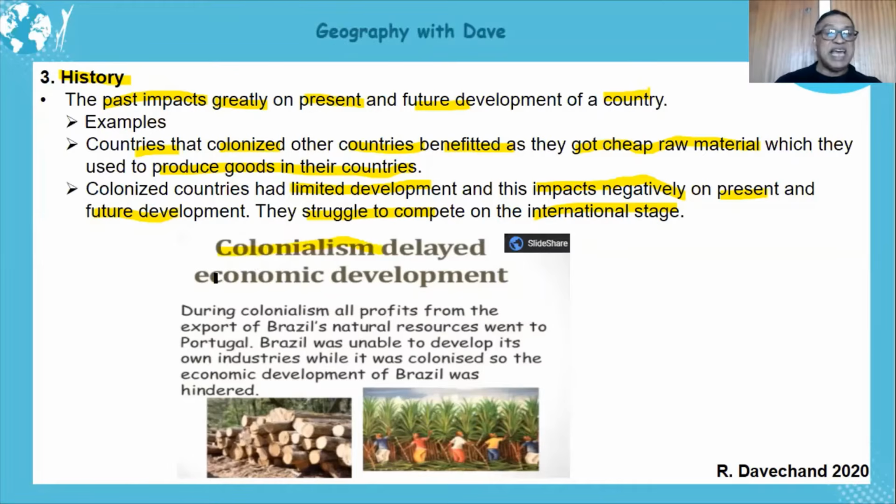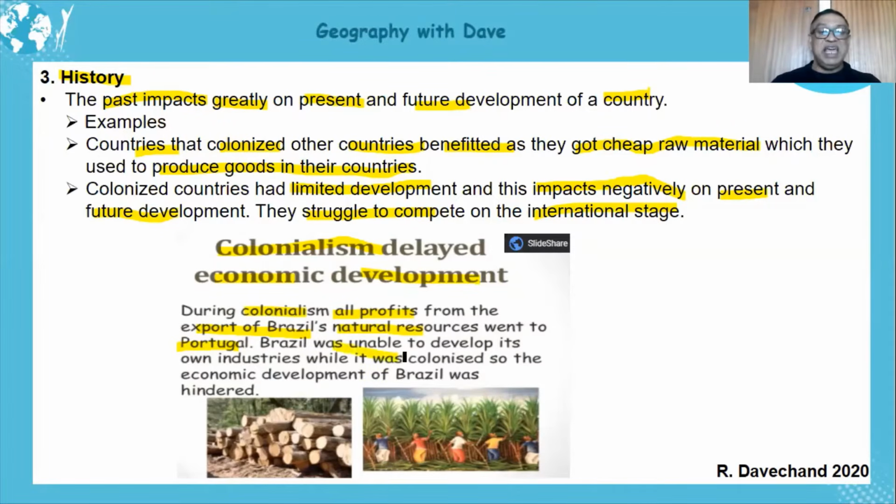I got one here: colonialism delayed economic development. Look at this. During colonialism, all profits from the export of Brazil's natural resources went to Portugal. Now imagine the amount of development happening in Portugal, the amount of financial power they were getting compared to Brazil.